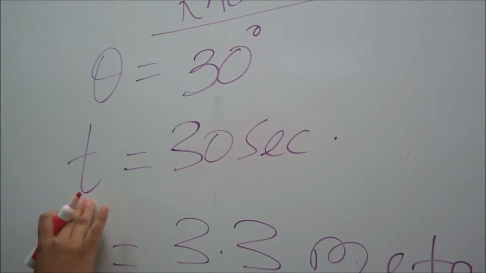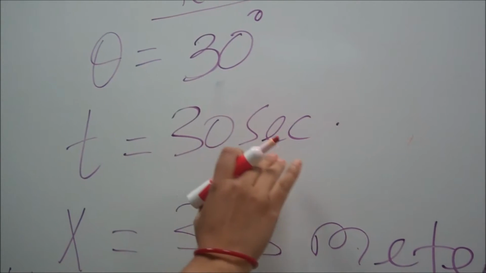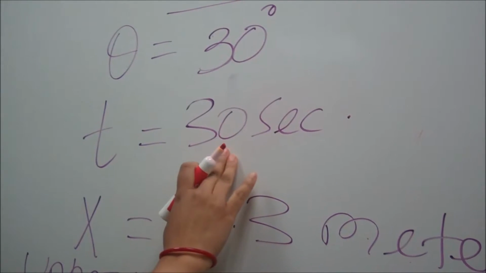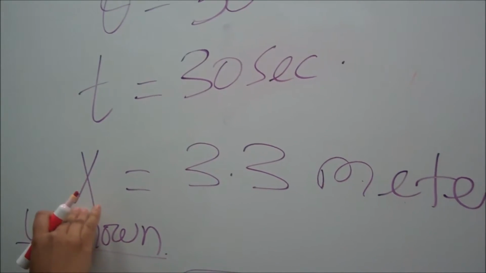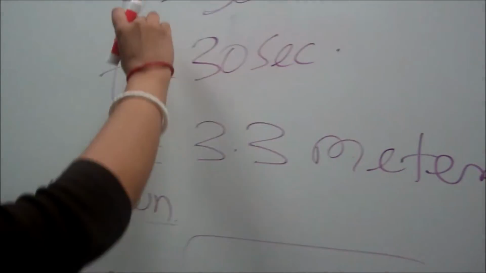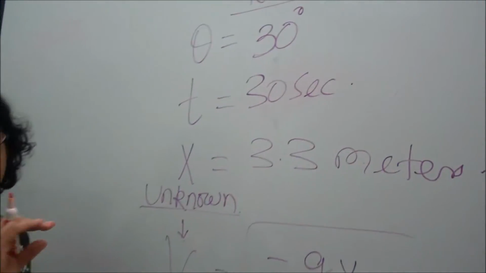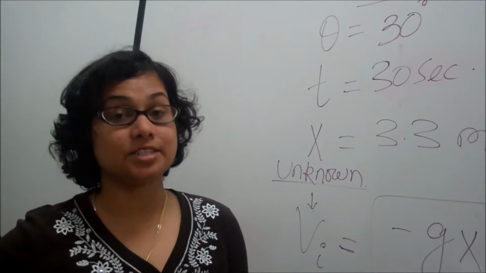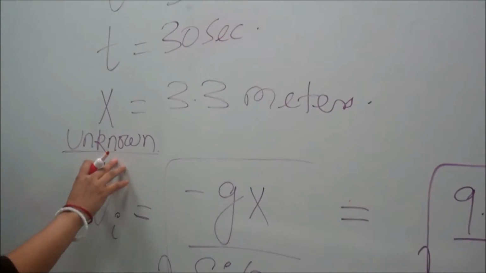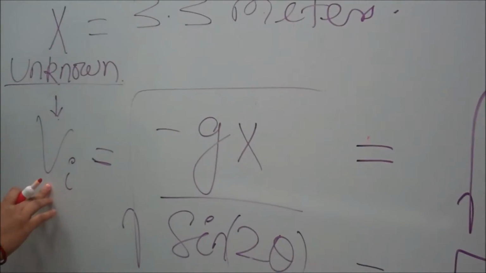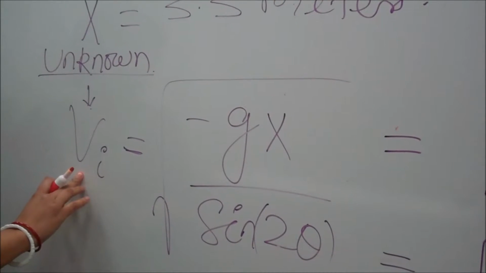The time it took from the launching station to hit the ground and until it stops is 30 seconds. Displacement x is 3.3 meters. So these are the three factors which we got by launching the ping pong ball from the ballistic device. And our unknown is the vi, which stands for initial velocity.